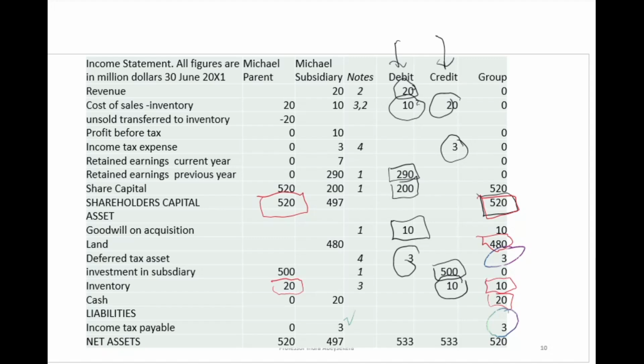But the income tax expense through the consolidation got eliminated, and that income tax expense got deferred as deferred tax asset. Michael Group has not sold the inventory, but when it is sold, then only Michael Group will receive a benefit, and that benefit of tax is now included in the deferred tax asset as a future tax benefit.